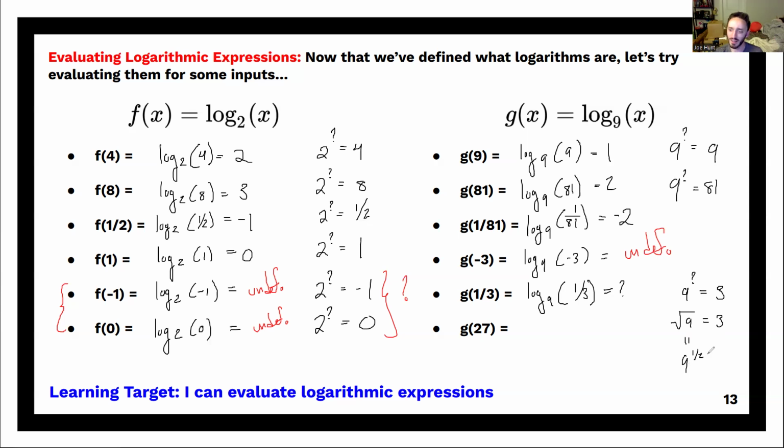So if I want to get a 9 to look like a 3, I know that I have to use a power of a half. But if I want it to not be a 3 but a 1/3, I know I need a negative exponent. So if I combine those two things together, ultimately my answer is the -1/2 power.